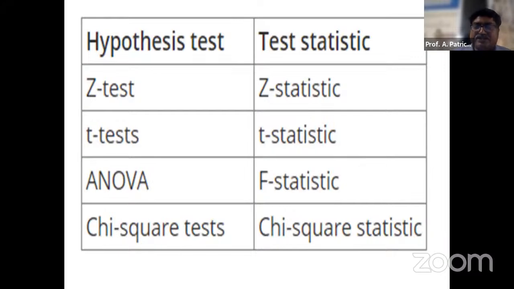And chi-square is a non-parametric test. I already told you, when we don't have a clue about the population parameters, or we don't know anything about the characteristics of a population, on such a sample, when we apply statistical tools, we call it a non-parametric test. And chi-square is one of them, and chi-square is used for checking association between attributes.